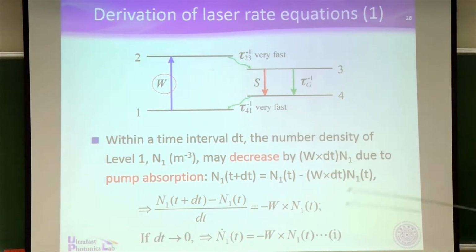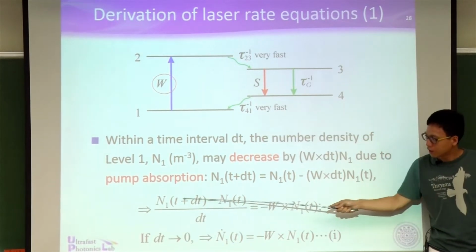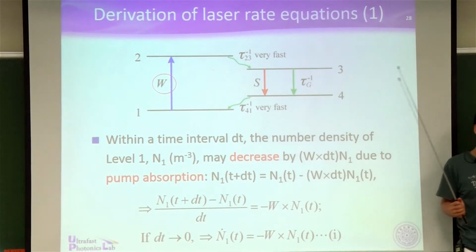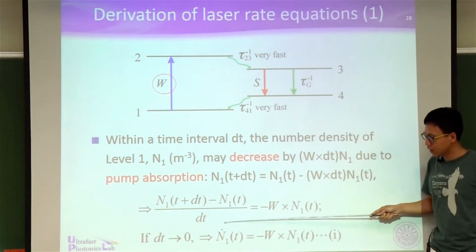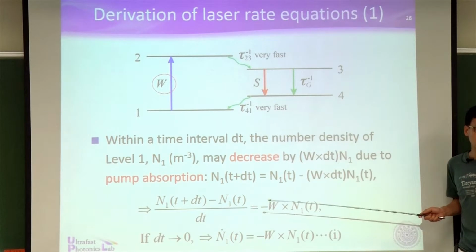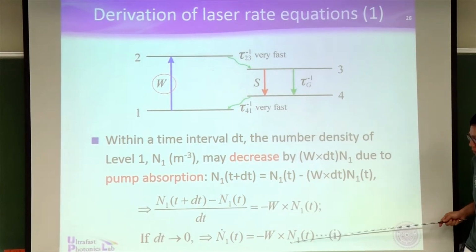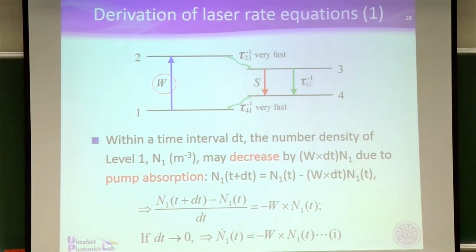Then, if dt is close to 0, this difference quotient is nothing but time derivative. First order time derivative, right? So we say N1 dot, dot means time derivative, okay? Equals minus W times N1 itself. And this is equation number 1 we have.